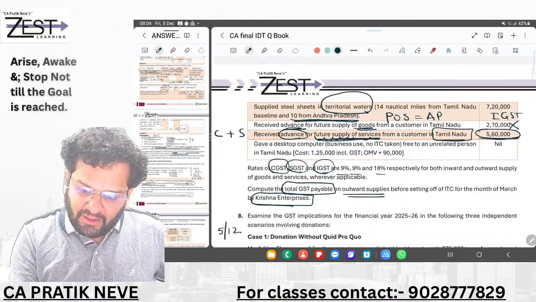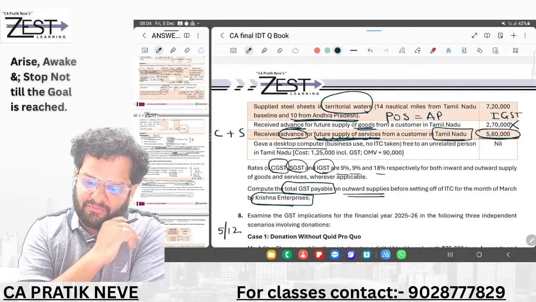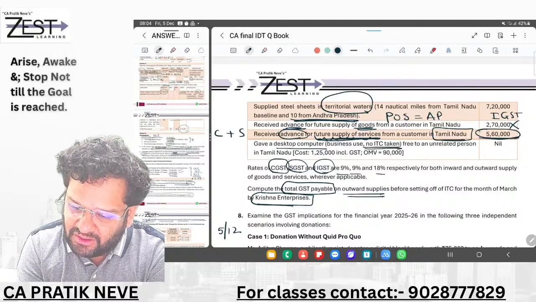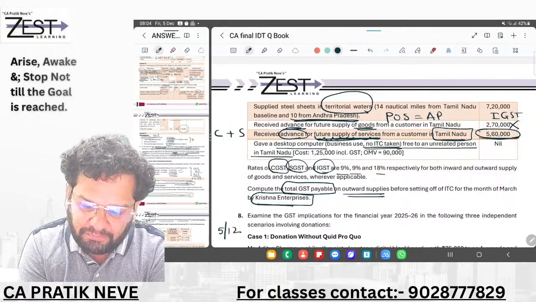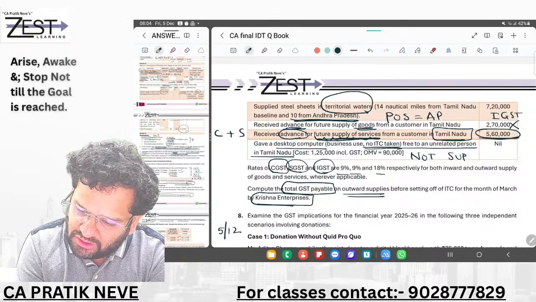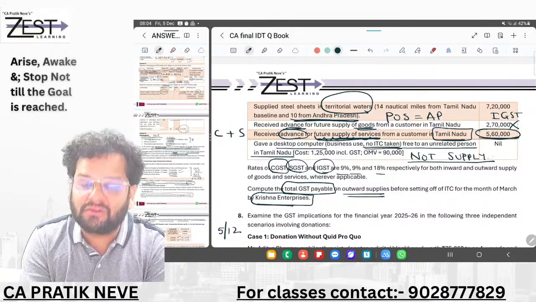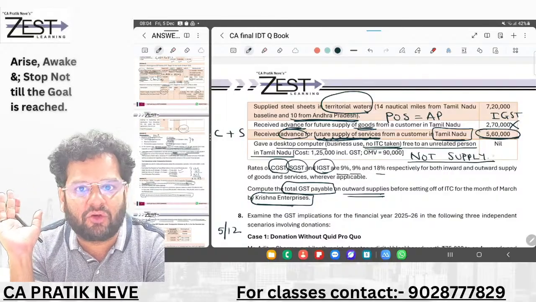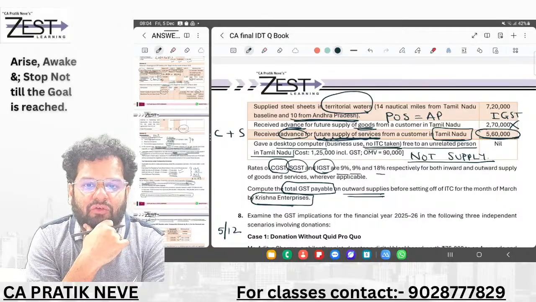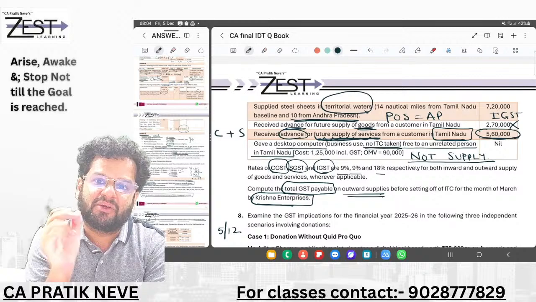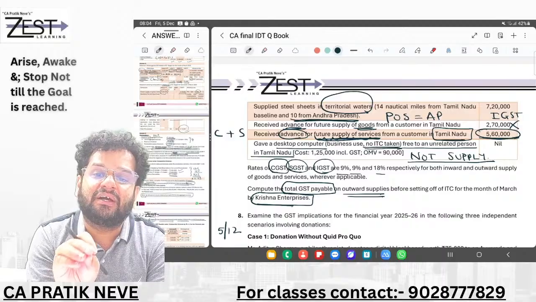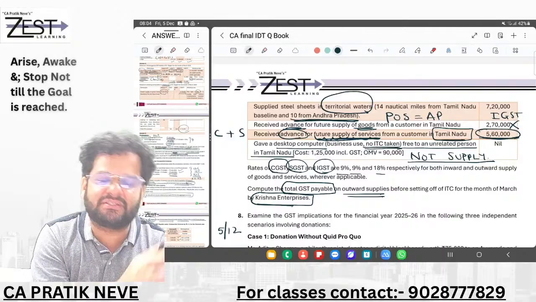Then gave a desktop computer, which was used in business, but no ITC was taken, free to an unrelated person in Tamil Nadu. Friends, this is not supply. Why is this not supply? Because there is no consideration involved. Whenever there is no consideration involved, it is not a supply, because to constitute a supply, there should be activity for consideration in the course or furtherance of business.